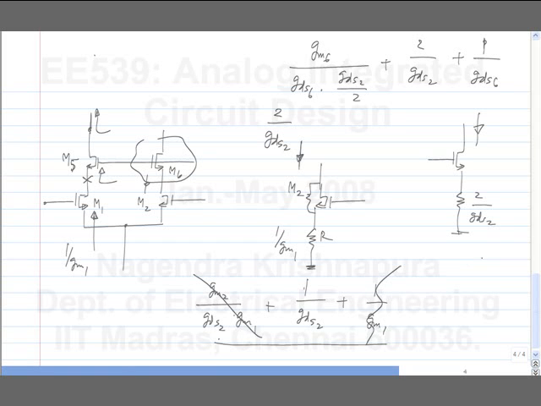So, I get 2 times GM6 by GDS6 times GDS2. That is the first term. Because of the GM6 by GDS6 ratio, which is very large, this is going to be larger than these two. Again, I neglect these. So looking down here, I have an impedance of this much.